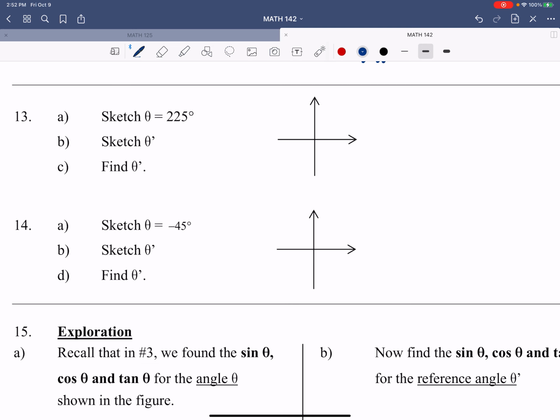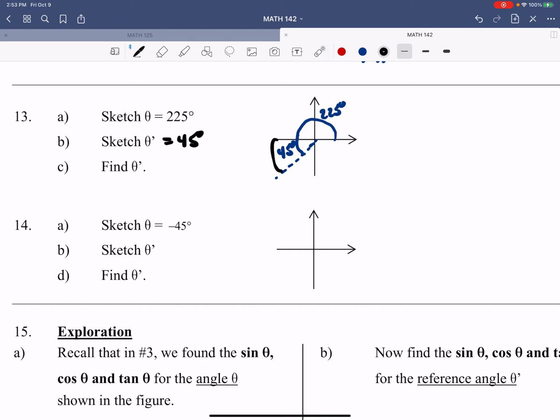In number 13 here, we're going to sketch the angle 225 degrees. We know it's 90, 180, and 45 more. So this is 225 degrees here, and this means that this angle right here is my reference angle. So there it is: theta prime is 45 degrees.